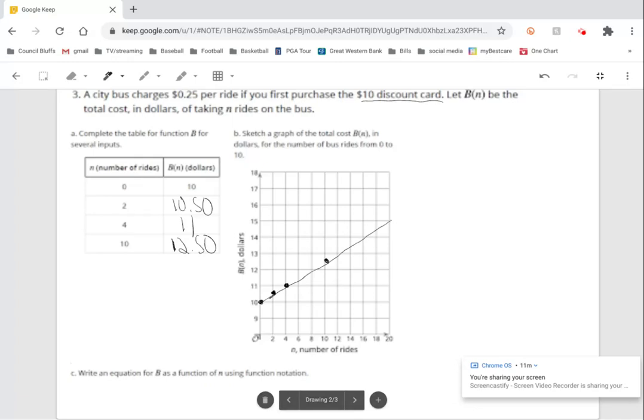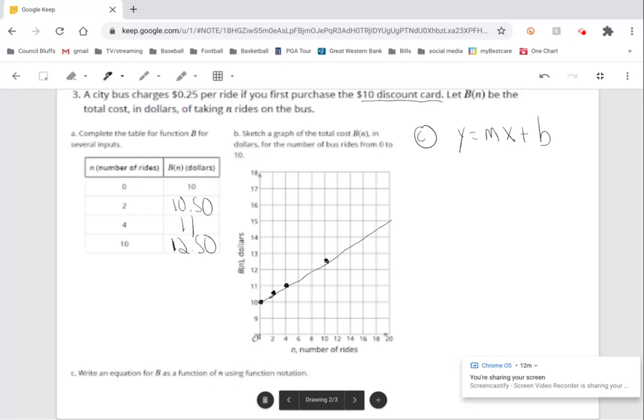Part C, which is down here: write an equation for b as a function of n using function notation. So to do part C, I'm going to do that up here. We need to quickly review, hopefully you remember this from Algebra 1 and geometry, for a graph that is a straight line, we use slope-intercept form.